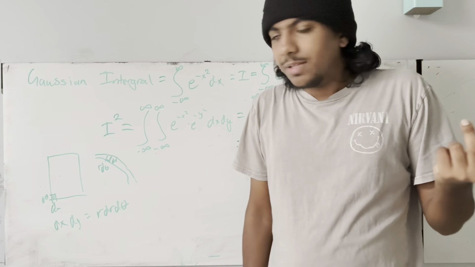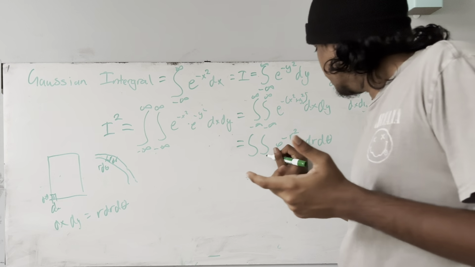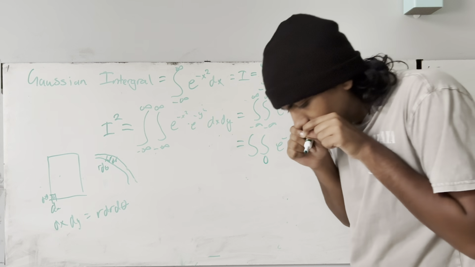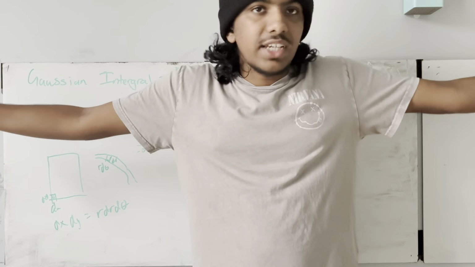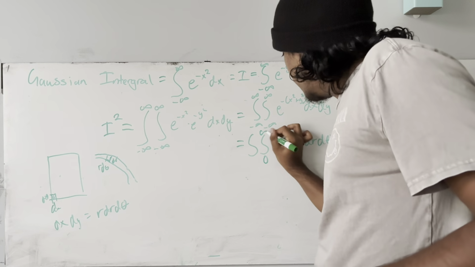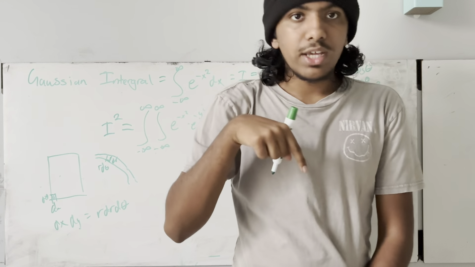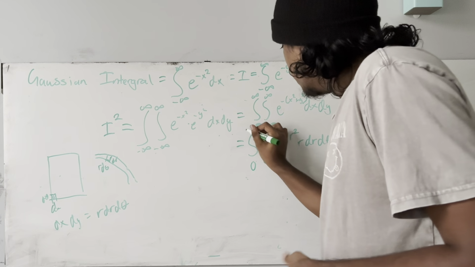Radius is going to be infinity at the maximum, right? It's going to be from 0, because we're going to be at a very small point, like at the origin. And then we're going to go all the way to the infinite sides. So, to infinity. And since we're talking about the radius in every direction, we're going to integrate the angle from 0 to 2 pi.